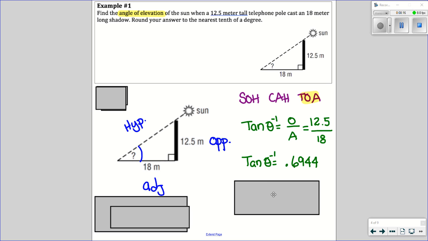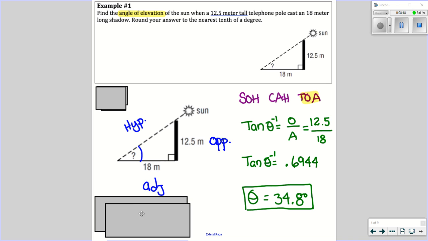So we're going to do the inverse, and for the inverse, we're going to press the second button on the calculator, and then press tangent, and then put in our number, and then we're going to get 34.8 degrees, since we're rounding it to the nearest tenth.